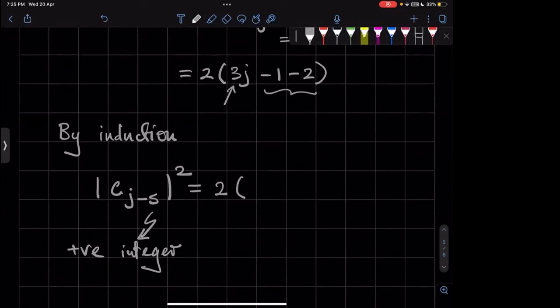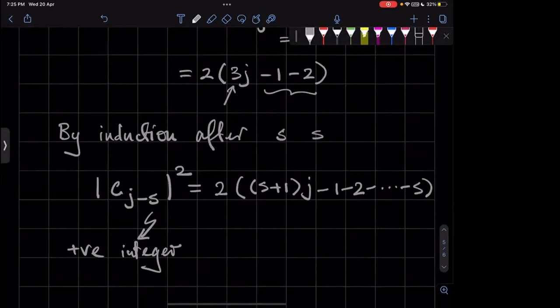So for S steps, we should have S plus 1. And then we should have a factor of j. And then we should have minus 1, minus 2, dot, dot, dot, minus S. Okay, is this clear how we got here? Because we are doing induction, we get this after S steps, where S is a positive integer.